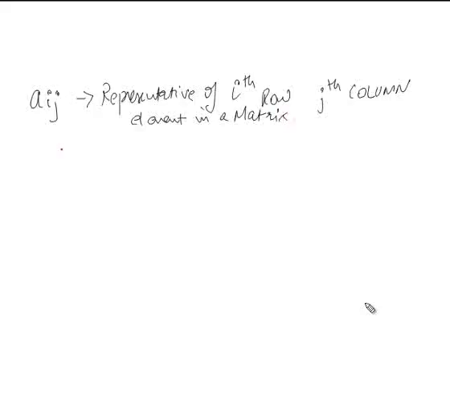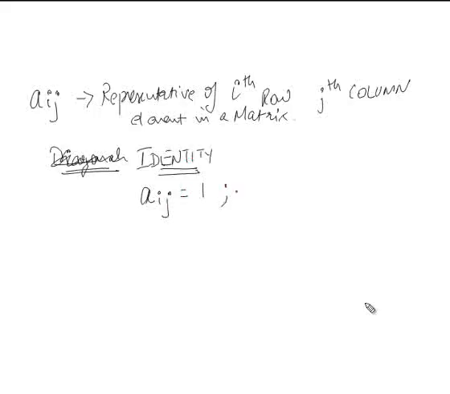So how do I define an identity matrix? An identity matrix is one in which Aij equals 1 for i equal to j, and it is 0 otherwise. Correct?